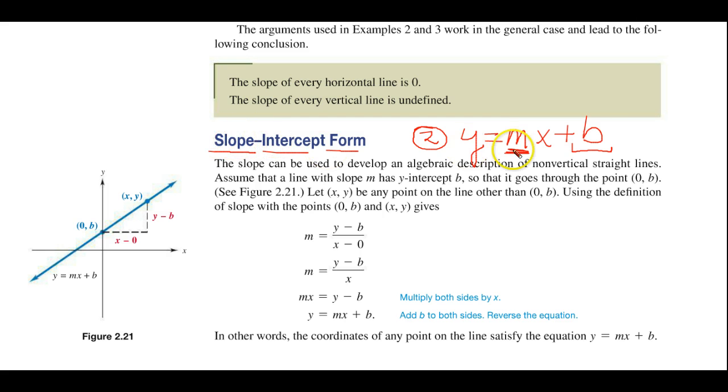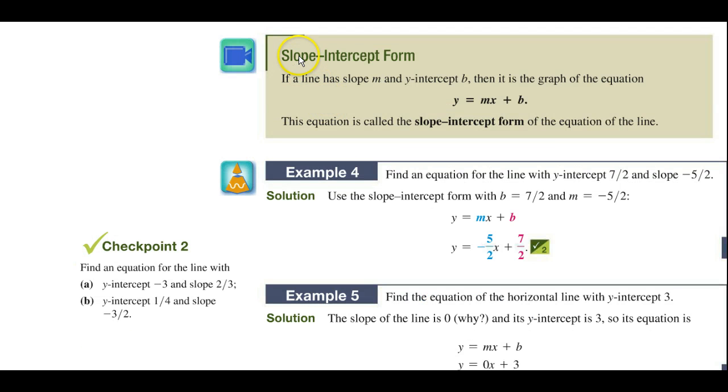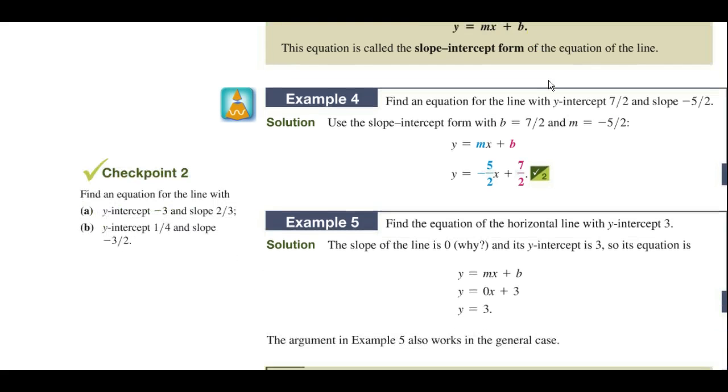So the slope and the intercept give rise to this formula. And here we see the summation of it, and this should be in your notes.